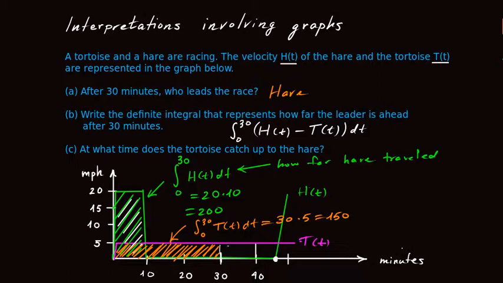So if we extend our rectangle to 40 minutes, then the total change from 0 to 40 is the area under this rectangle, which is now 40 times 5, which is 200. The hare is still napping somewhere, and he's only gone 200, and so this is where he's passed by the tortoise, this point. So at what time? At t equals 40 minutes. Okay.